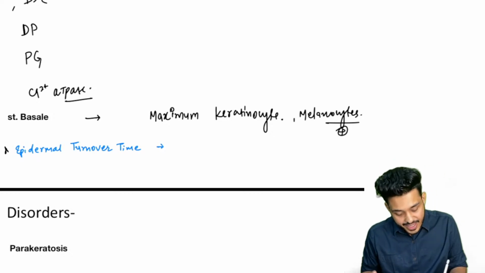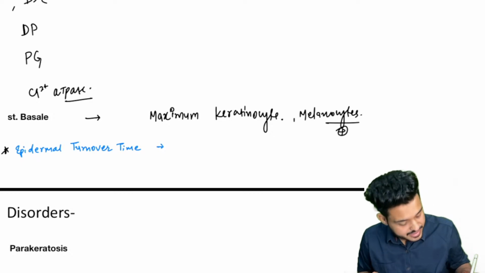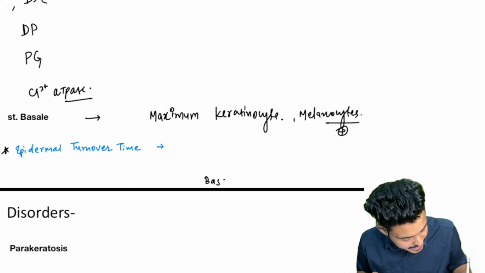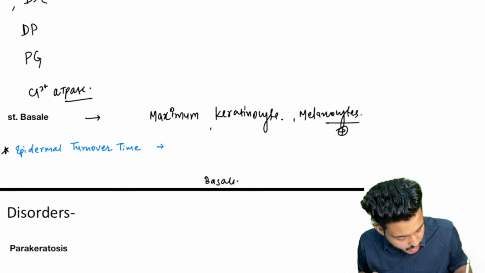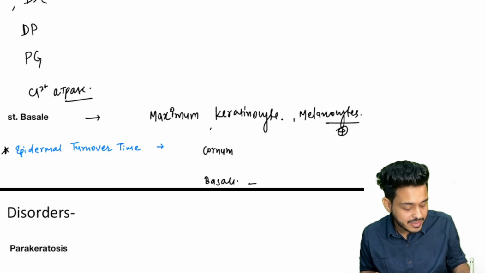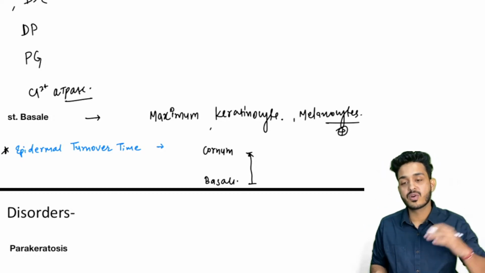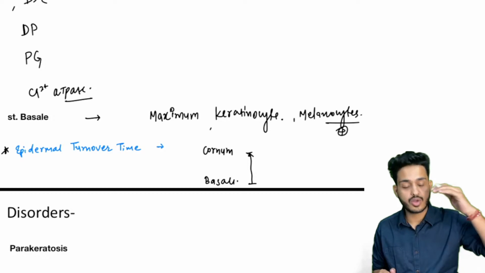Next entity is epidermal turnover time. What is the meaning of epidermal turnover time? This is your stratum basale, and this is your stratum corneum. The cells will move upward from the base to the top.